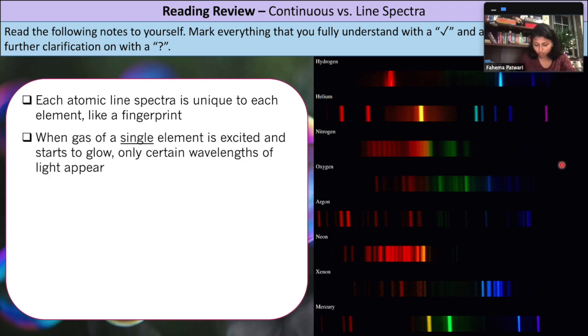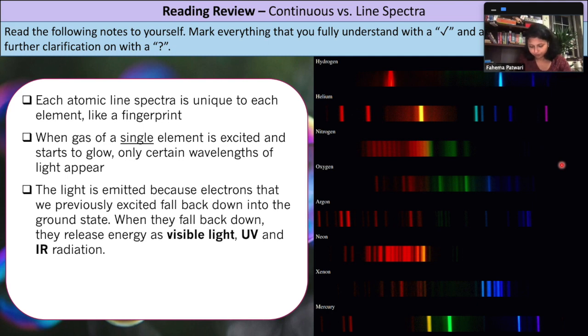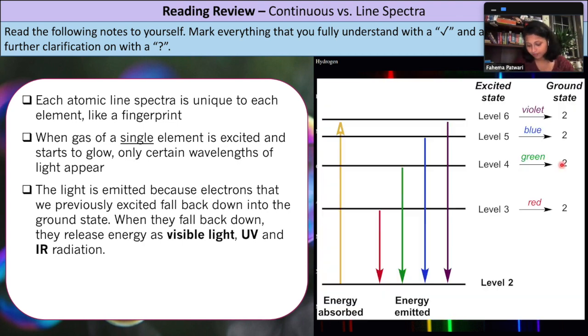How does this work? When a gas of a single element is excited and starts to glow, only certain wavelengths of light appear. Because when those elements are excited and those electrons fall back down to the ground state, they can release visible light. They can release UV and IR radiation. So here we see, say I have a light bulb, I plug it into the outlet.